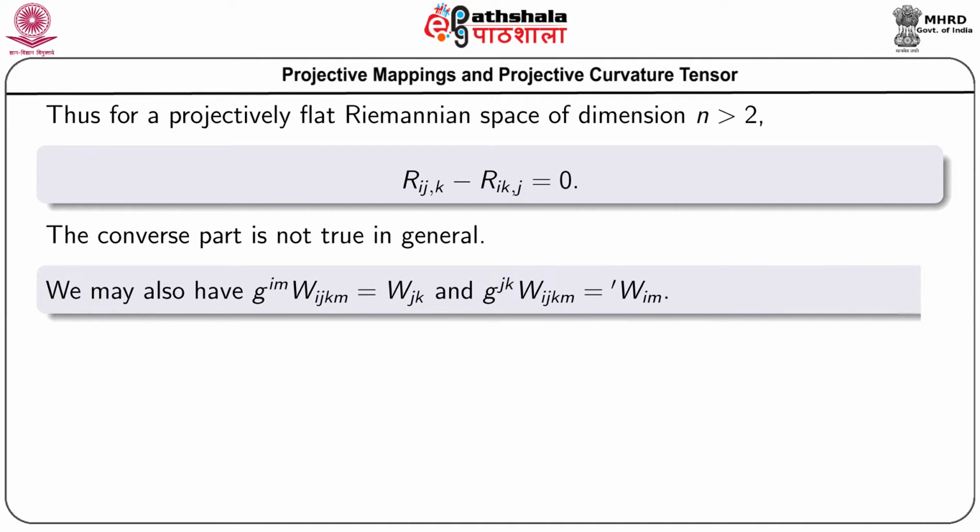Now, we may also have that g_{im} W^i_{jkm} equals W_{jk}, and g^{jk} W^i_{jkm} equals W'_{im}.